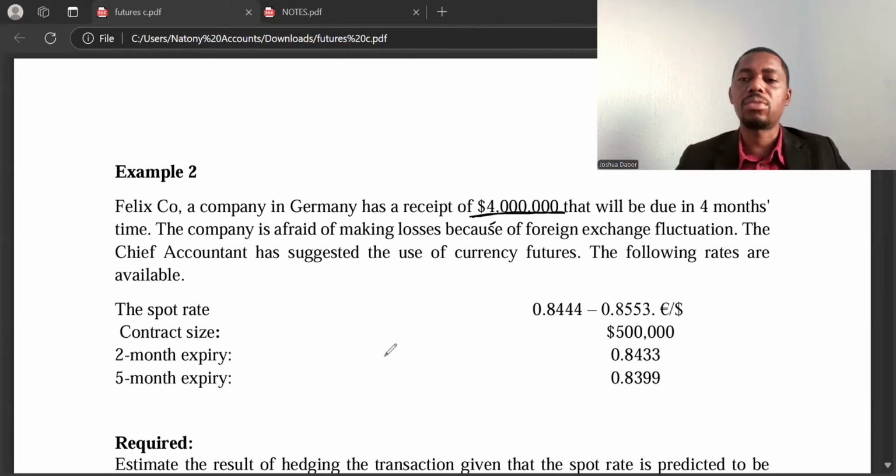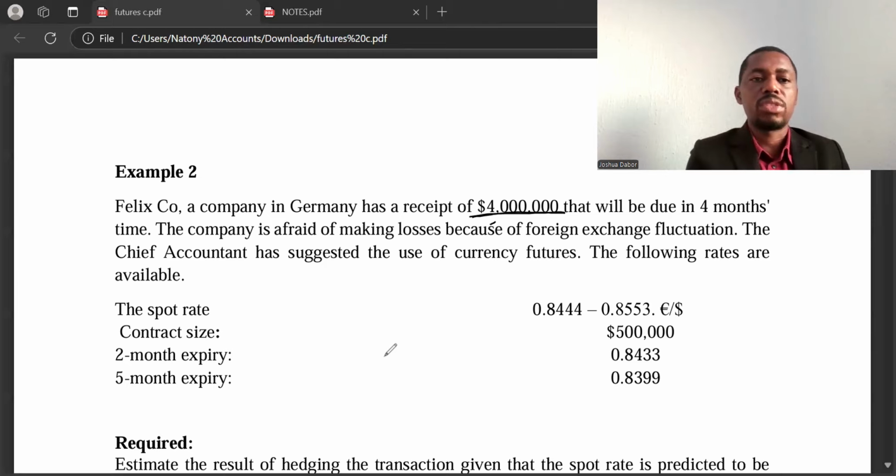Let me give you 2 minutes to make that decision. It's either you are using the exposure or you are using the transaction. Let me make it a little bit easy for you. Let me assume that you got it, but if you didn't, just look at the solution here.